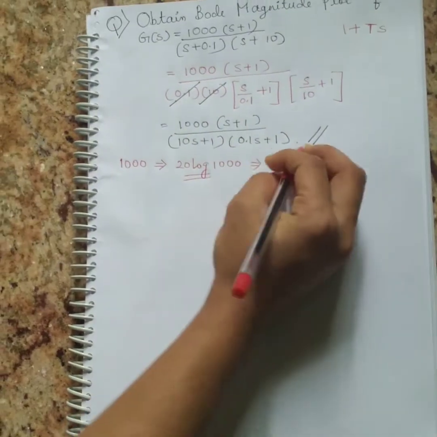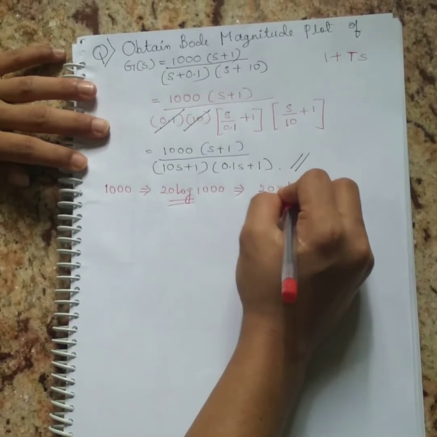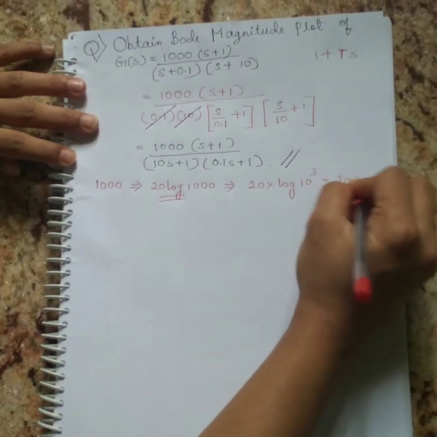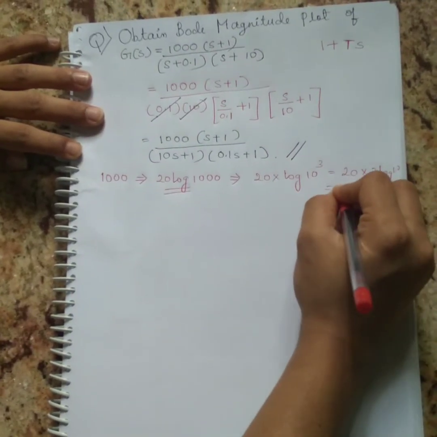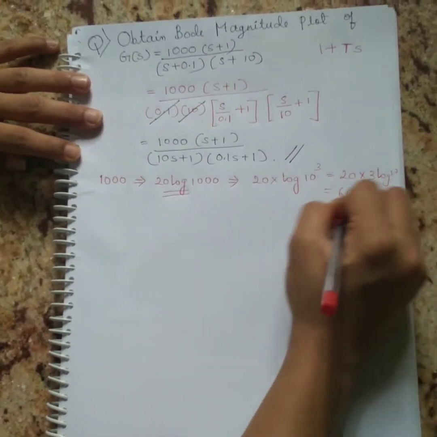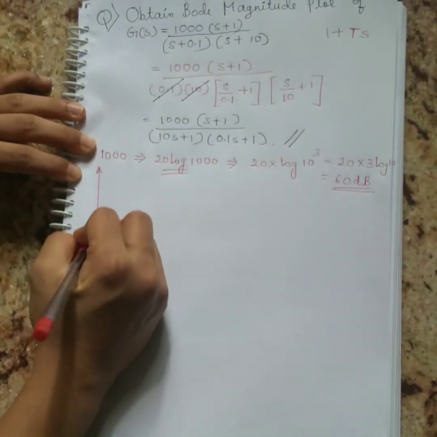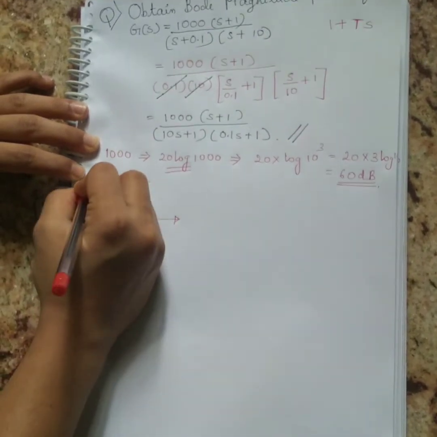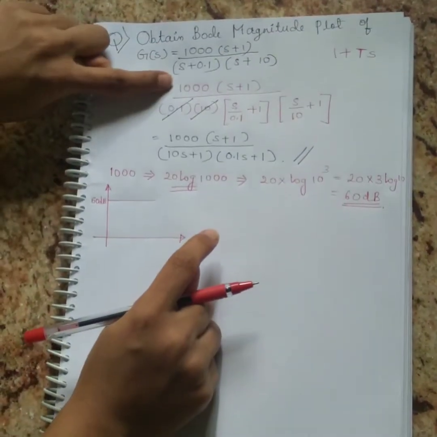So it is 20 into log 10 power 3, which is 20 into 3 log 10, which is 60 decibels. So 60 decibels means in the graph, it will start here. Here it is 60 decibels. So the magnitude part is done.